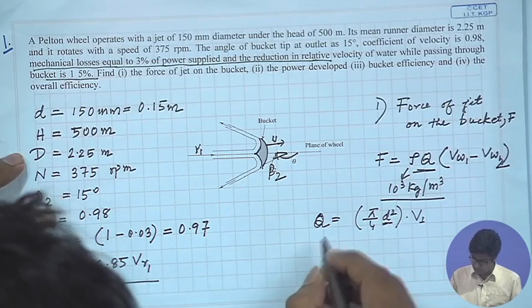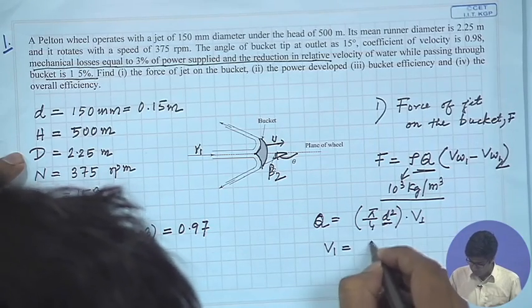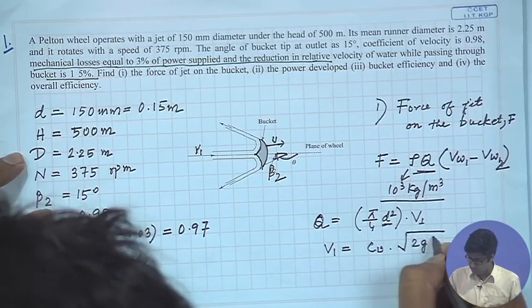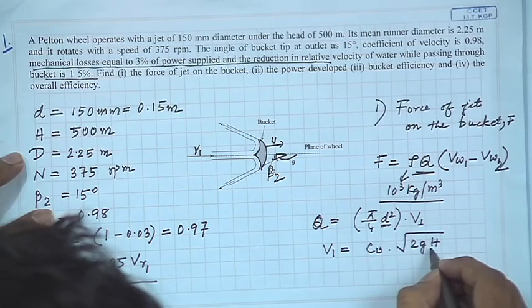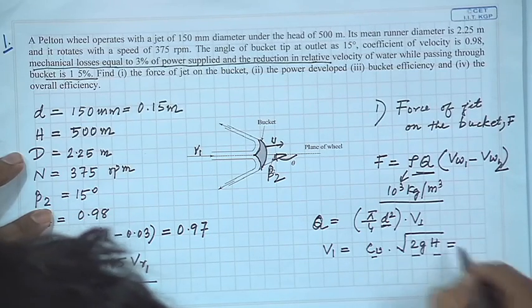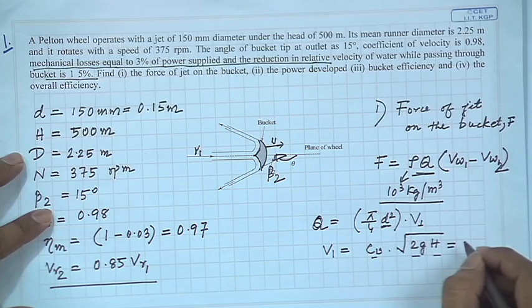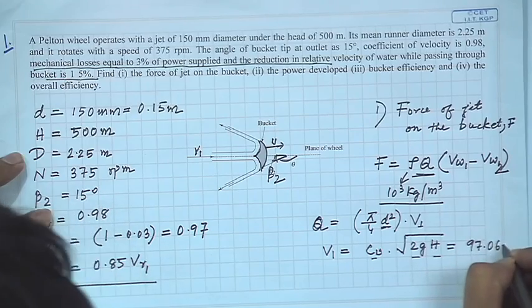So we have to find out the jet velocity, which is given by V is equal to the coefficient of velocity into root over of 2 into g into the available head. All these quantities have been given. So if we substitute the values, the jet velocity comes out to be 97.06 meter per second.